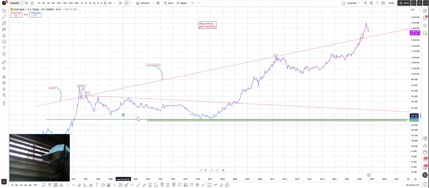three supply roof on monthly TF. Supply roof 1, a retest candle and resistance becomes support on break of structure. Resistance becomes support on break of structure in 1983. Resistance becomes support in 1981.